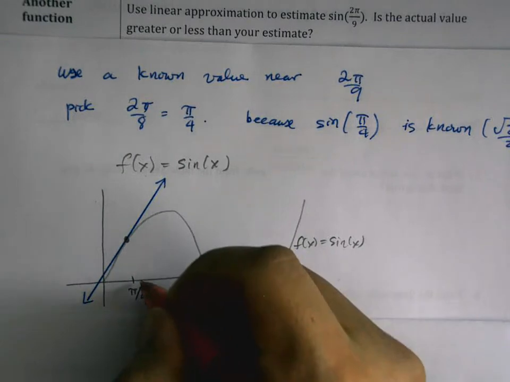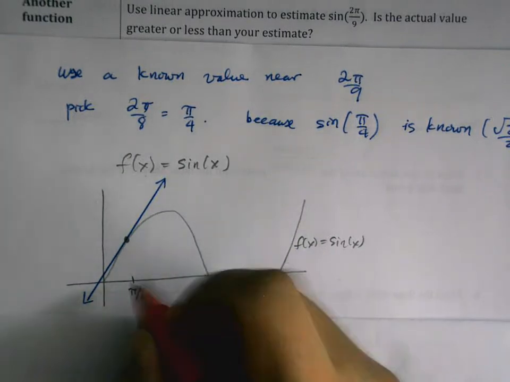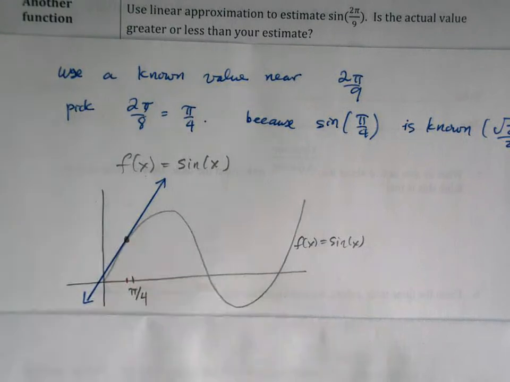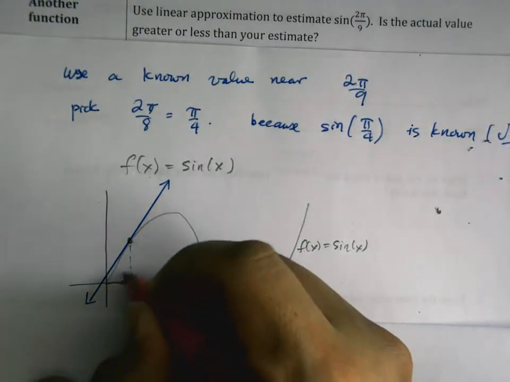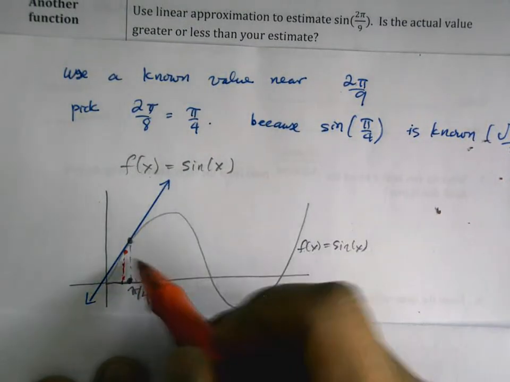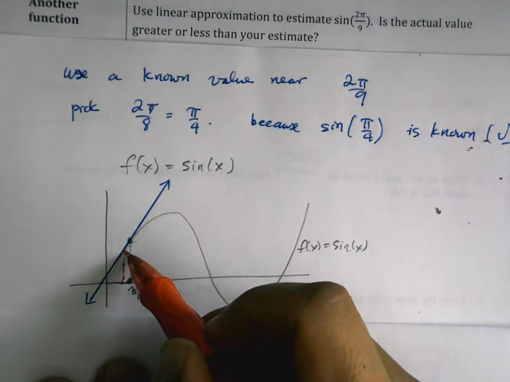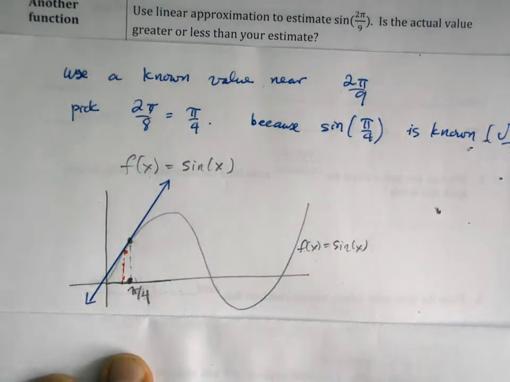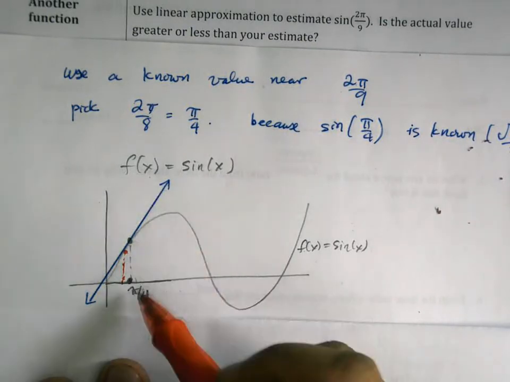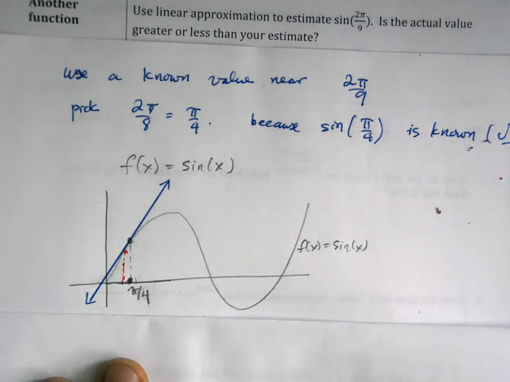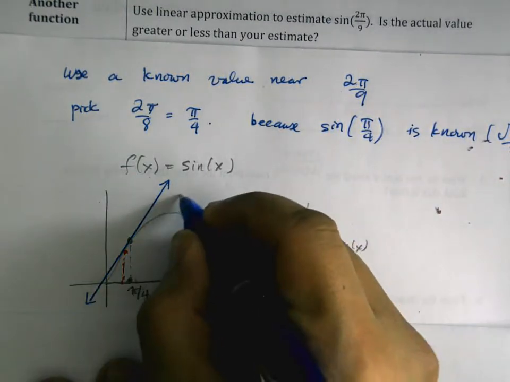And we know that 2 pi over 9 is actually a little bit smaller than 2 pi over 8, so maybe it's right here, somewhere back here. This point on the graph of sine of x is very close to the point on the tangent line, so we want to find the equation of the tangent line at pi over 4 and use that to estimate the value at 2 pi over 9.